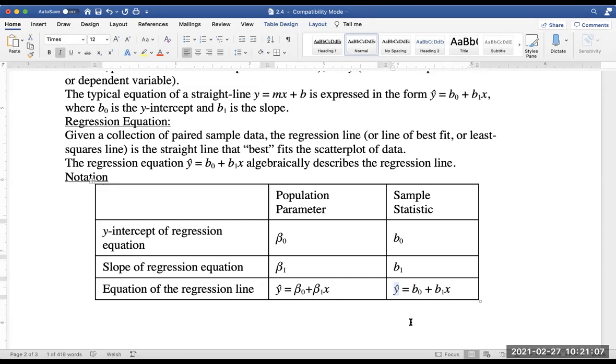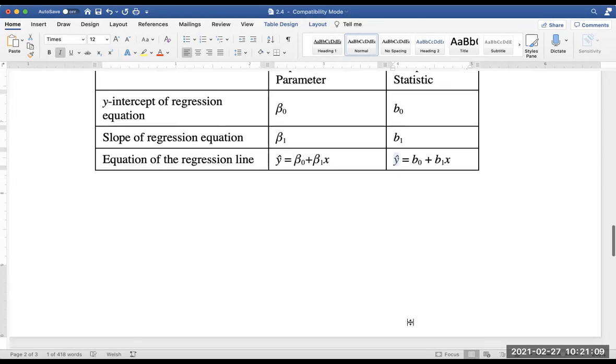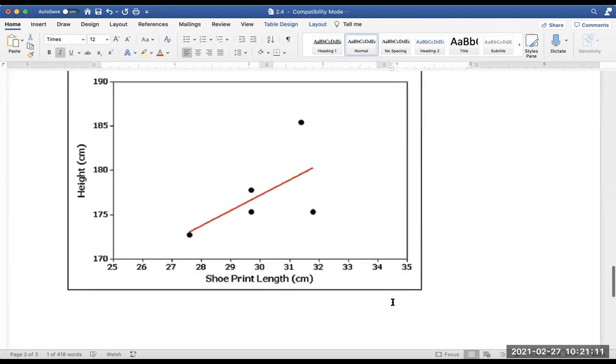It's just a calculated value of y. And so, if I had some data here, then this would denote my least squares line, my regression line. It would look something like this, that would fit this data.